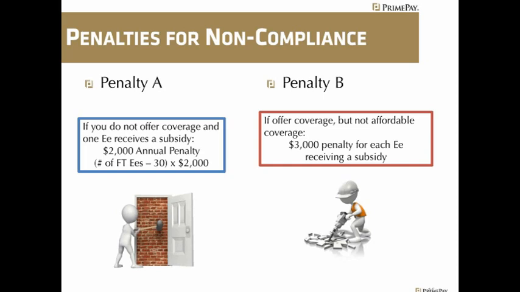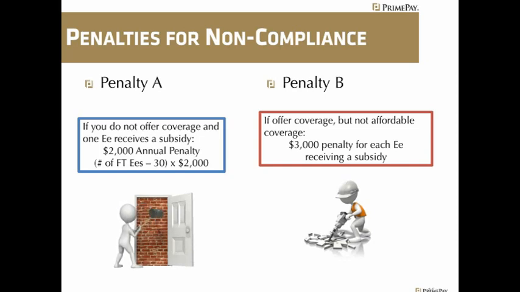So again, employers are going to have to determine, even in their measurement, whether the penalty is not a big deal, or it is a big deal, how do I want to attract and recruit employees, and what am I going to need to offer as an employer to get and retain great talent. So penalty A is there.